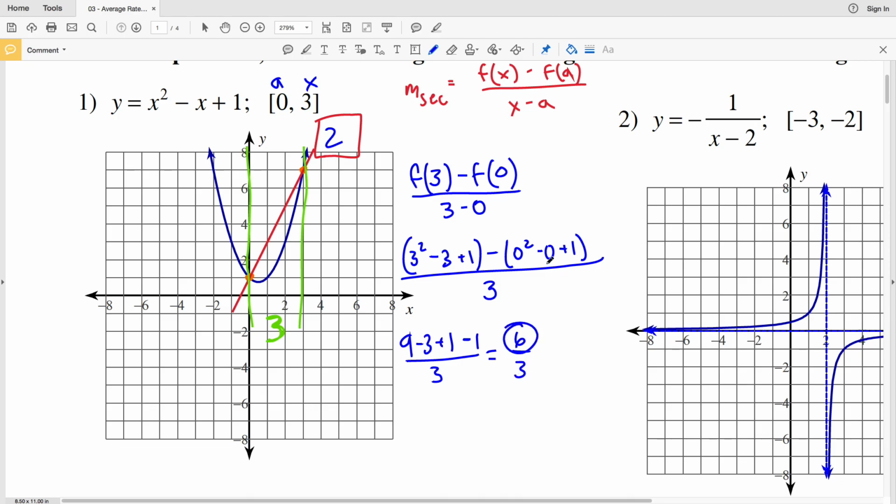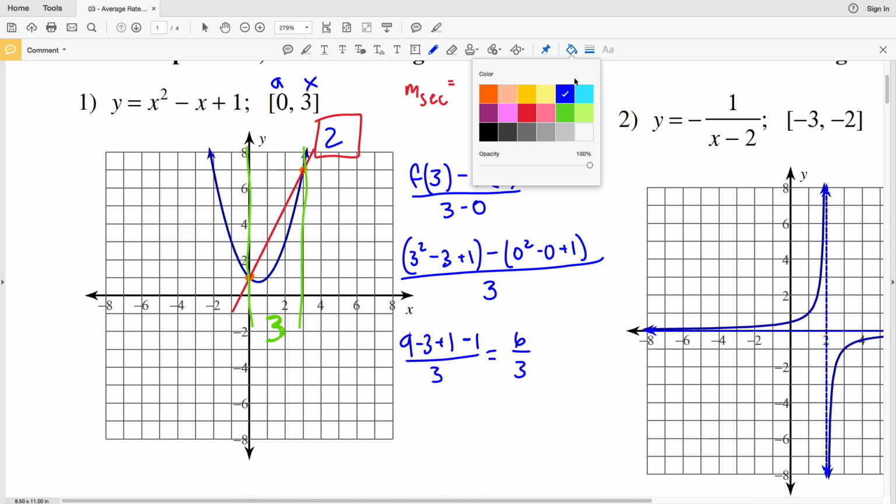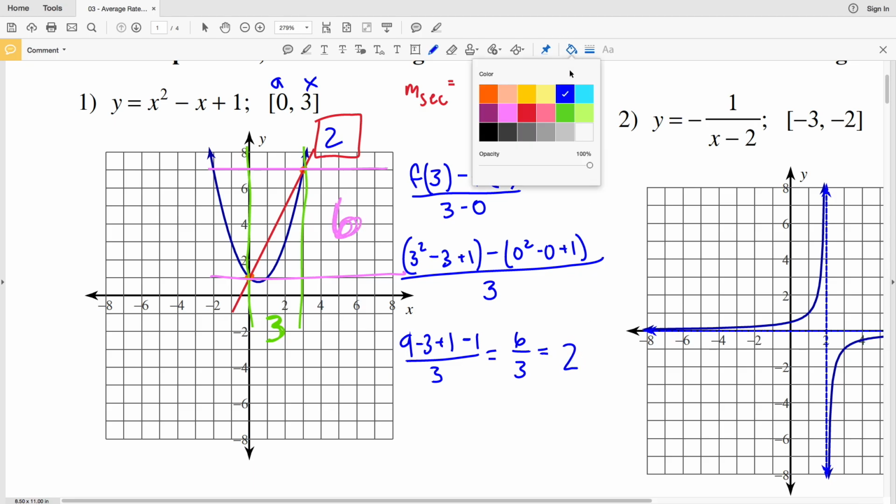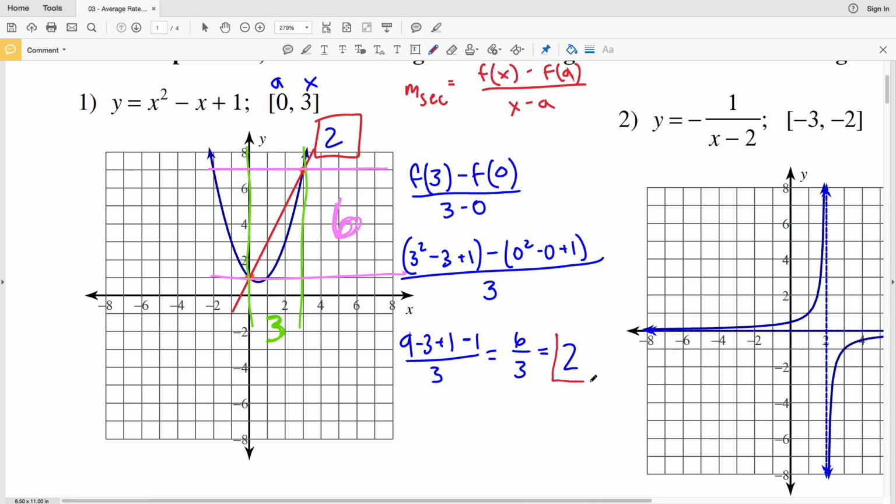So you can see that that change in y, our change from f of x to f of a, is 6. 6 over 3 is equal to 2. Change in y over change in x will give us our slope for our secant line of 2.